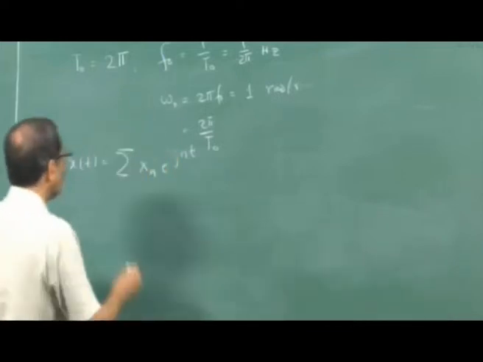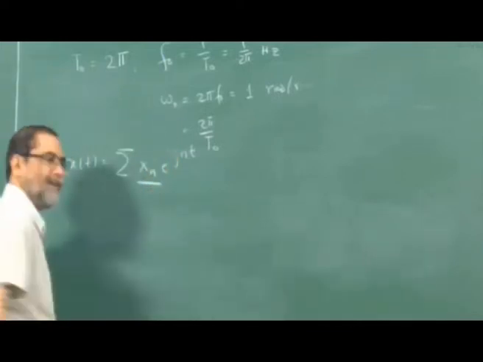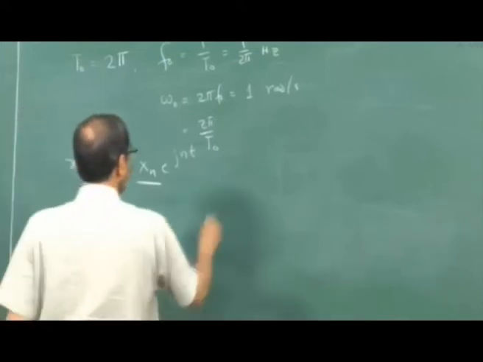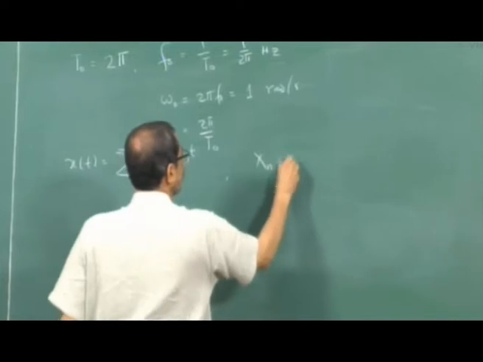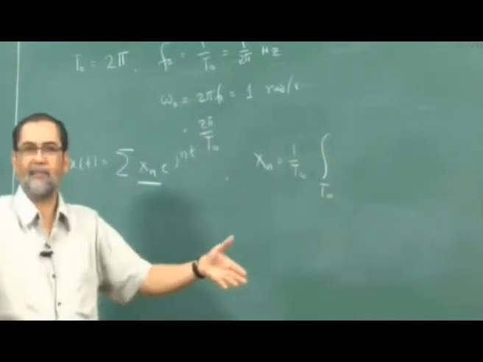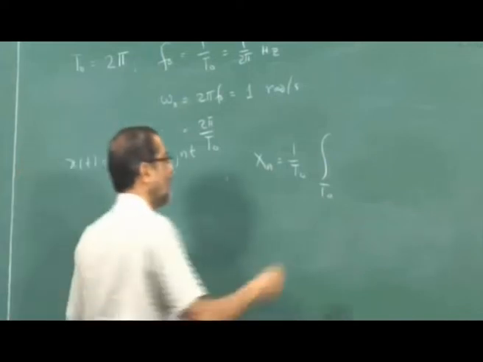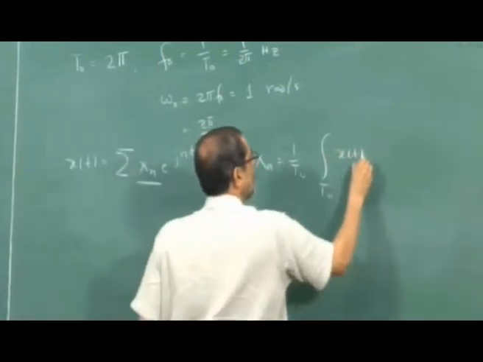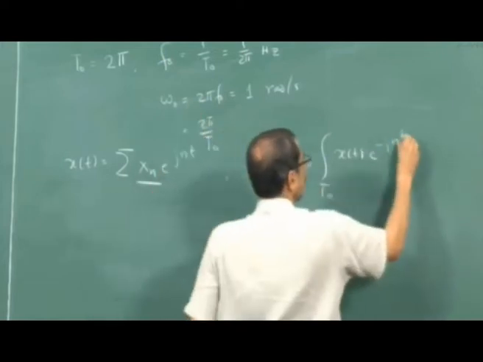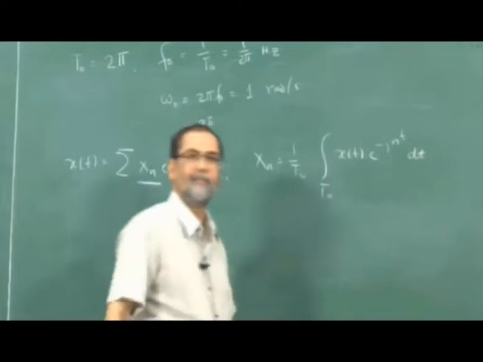So I want to find out what xn is for this. By definition xn is 1 by T naught times the integration over any one period, it does not matter where you start, of x of t e to the power of minus j n omega naught t, with omega naught 1, so minus j n t, dt. Carry out this integration.